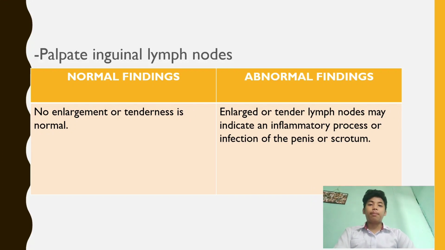If nodes are palpable, note size, consistency, mobility, or tenderness. For the normal findings, no enlargement or tenderness is normal. For abnormal findings, enlarged or tender lymph nodes may indicate an inflammatory process or infection of the penis or the scrotum.